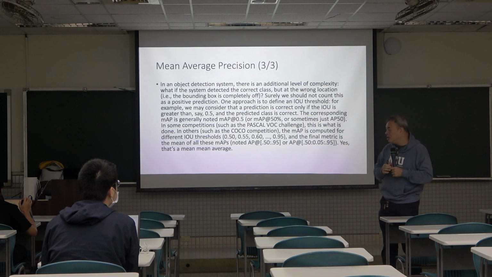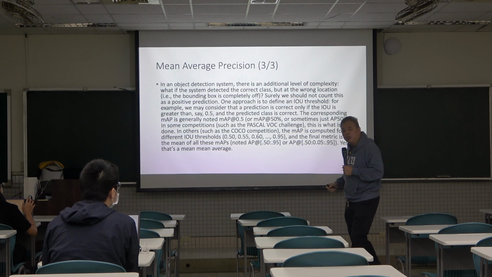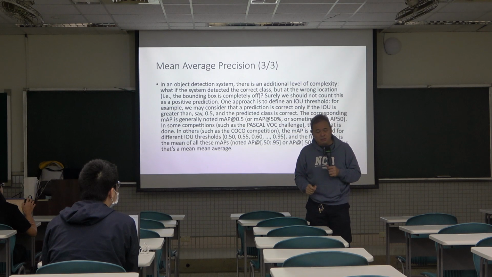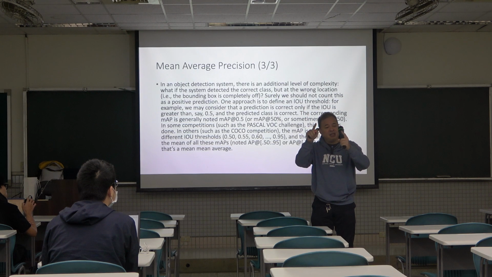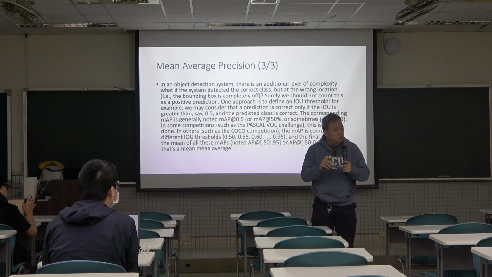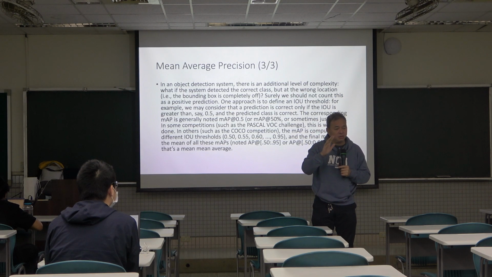Remember, we talked about the IOU, right? The IOU metric is used to measure how accurate your bounding box is, compared to the ground truth. So that's the metric you can use to measure whether the predicted location is correct or not.